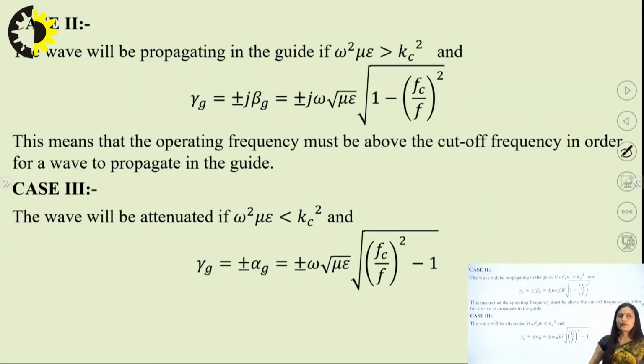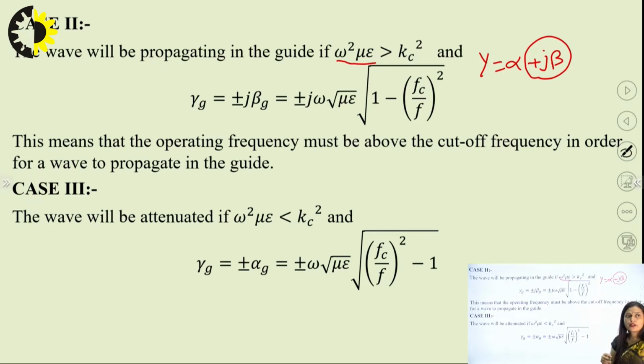Now case 2, when omega square mu epsilon is greater than the cutoff wave number square. What will happen? You will get a value equal to plus minus j beta. It means here we are getting an imaginary value. If you remember, the propagation constant is equal to alpha plus j beta, so here we are getting only this part.